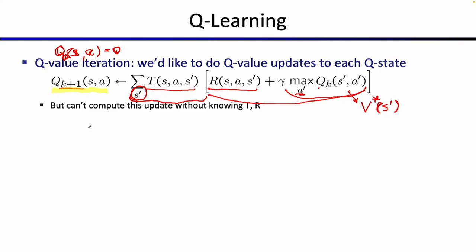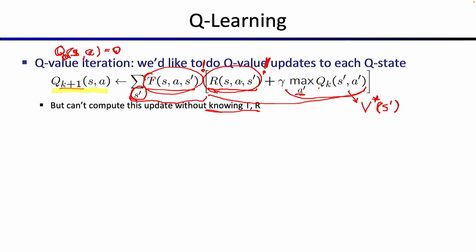The issue that we pointed out with this update is that we cannot compute it without knowing T or R. So explicitly evaluating this transition function T is problematic, and explicitly asking for this reward function for a particular transition is problematic as well.